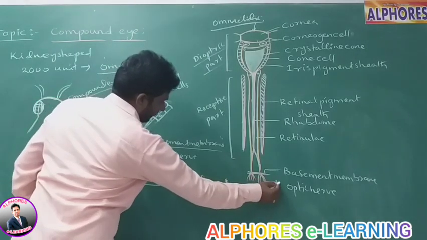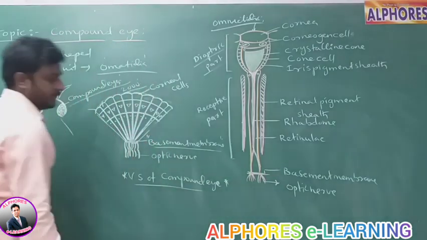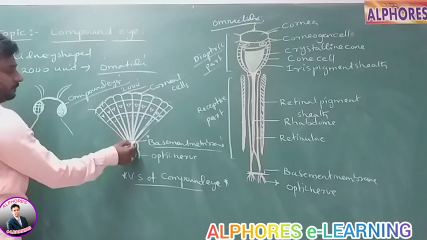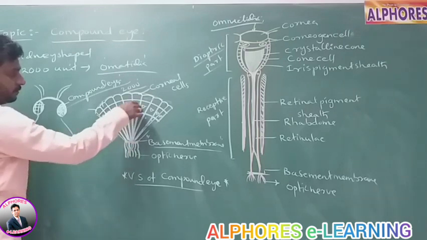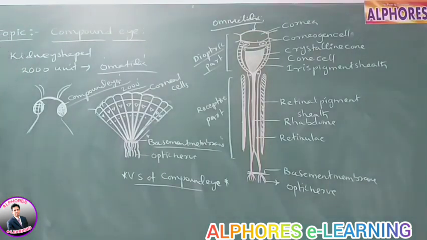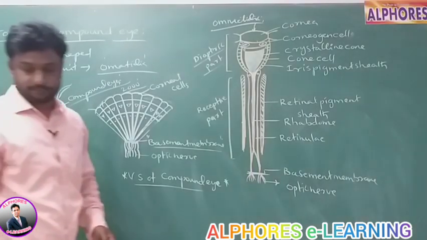The optic nerve is carried towards the brain and sends the impulses to the brain. The optic nerve arises from the basement membrane, from the ommatidia. 2000 ommatidia are present like this. Next, the structure of the ommatidium.